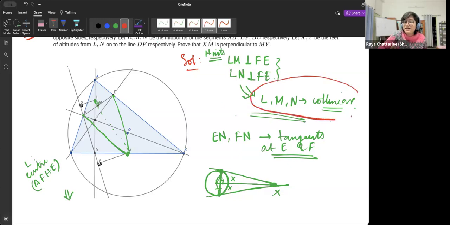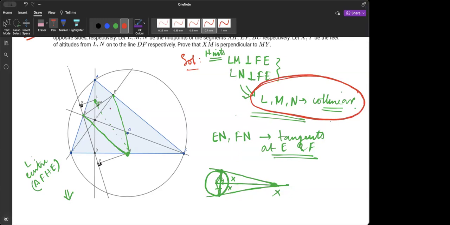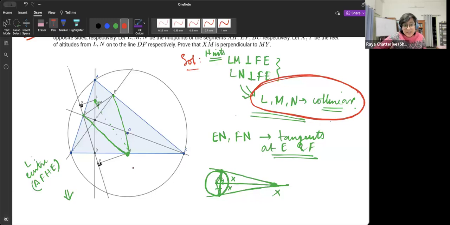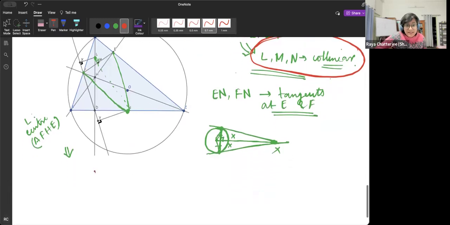Is that clear? Anybody has any doubts till this? No. Okay, perfect. My next target is, I'm just going to claim this: FMNY is cyclic. Do you see why?